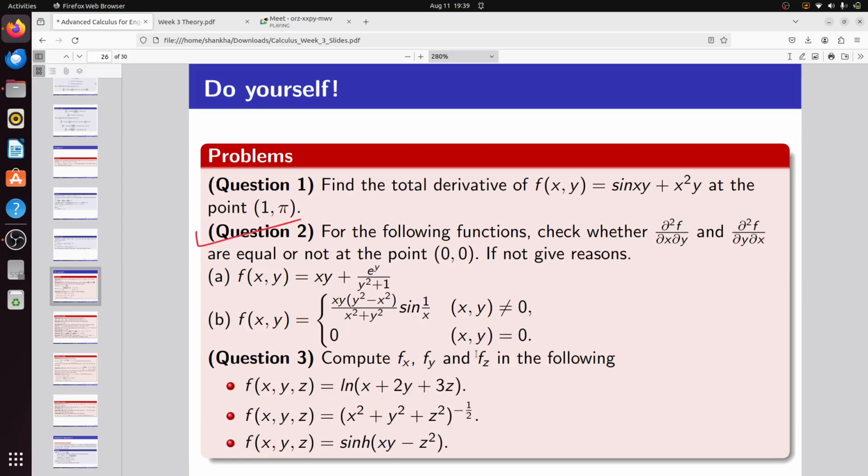How will we prove that this function is not continuous at 0, 0? Are there any ways out? Putting y equal to mx, you can easily check this.